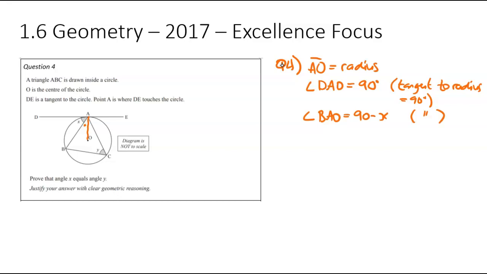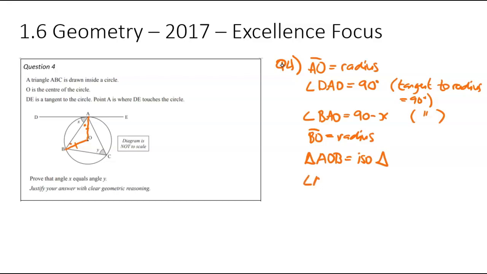My second step, I'm going to form another radius, BO. So BO is also going to be the radius of our circle. And I like this because these two lengths are the exact same, which means we're dealing with an isosceles triangle. So that means triangle AOB is an isosceles triangle, so the base angles are going to be the same.